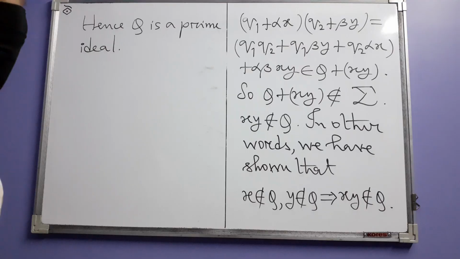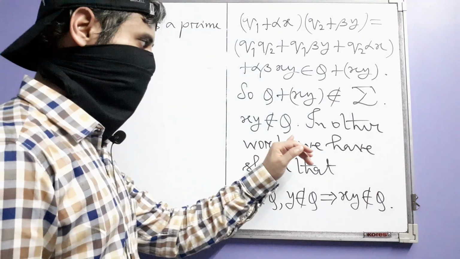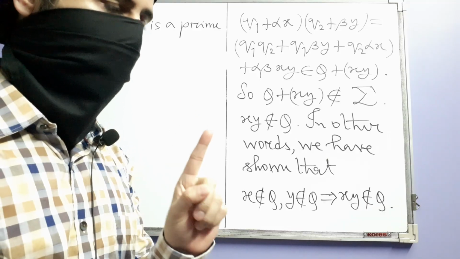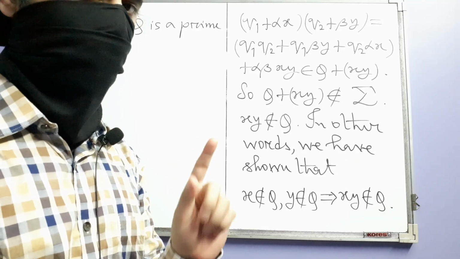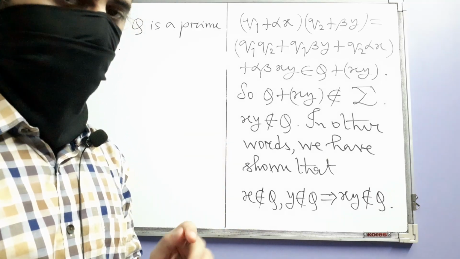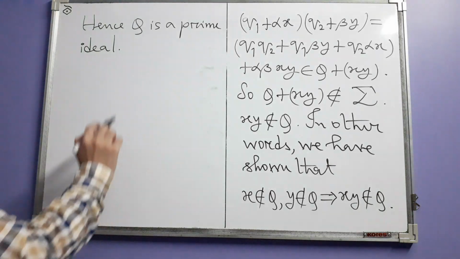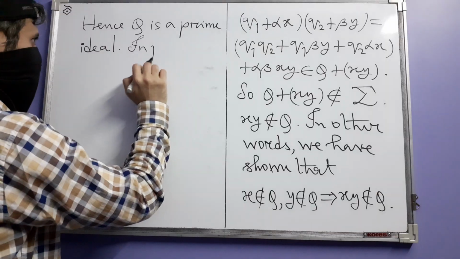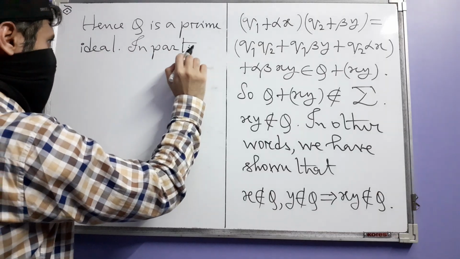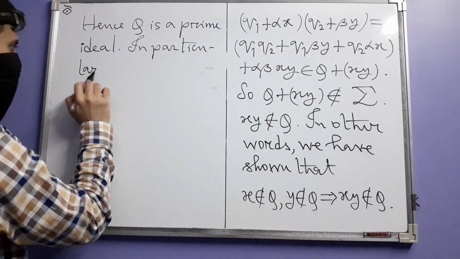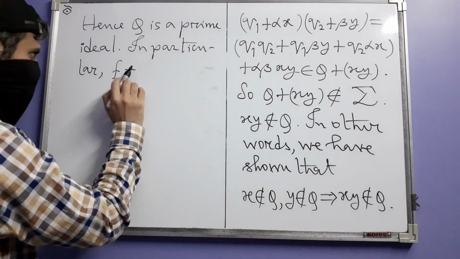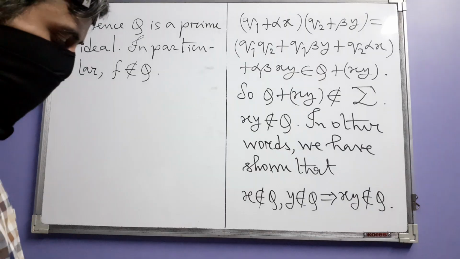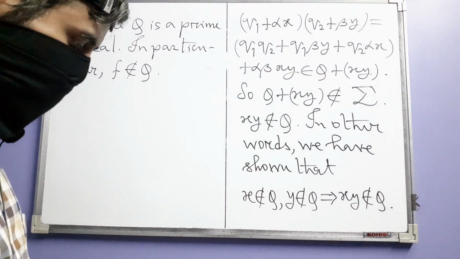Alright. Now, let us again go back to the fact that Q is actually an element of sigma. So, no positive integral power of the element small f belongs to Q. In particular, f itself does not belong to Q. So, how did we start this part of the proof?